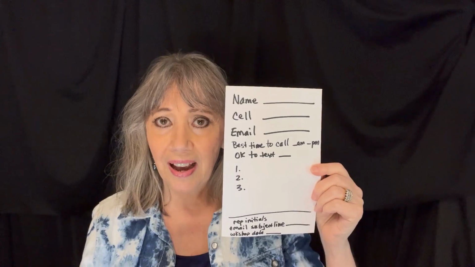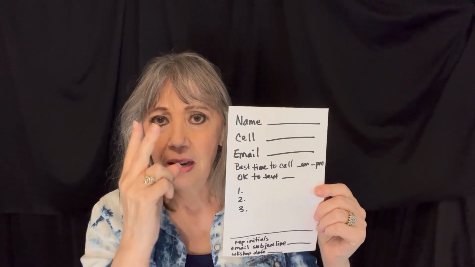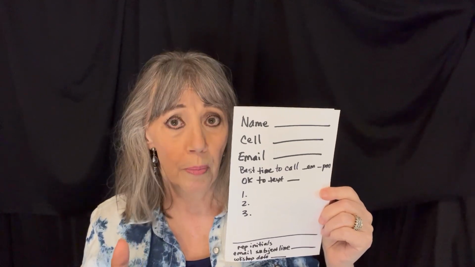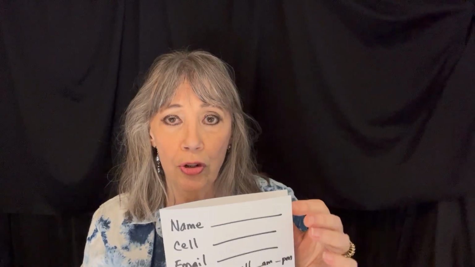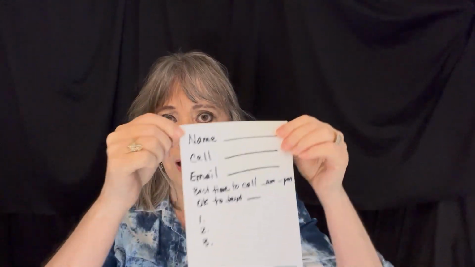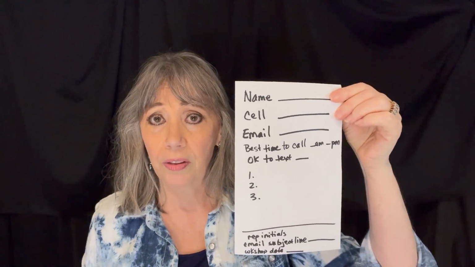Now, the idea I give people in my workshops is have this as a 2-part NCR form, which means no carbon required. And that way there's 2 copies. You can tear this off. It's usually connected at the top on an NCR form, and then you can give them one of the copies.